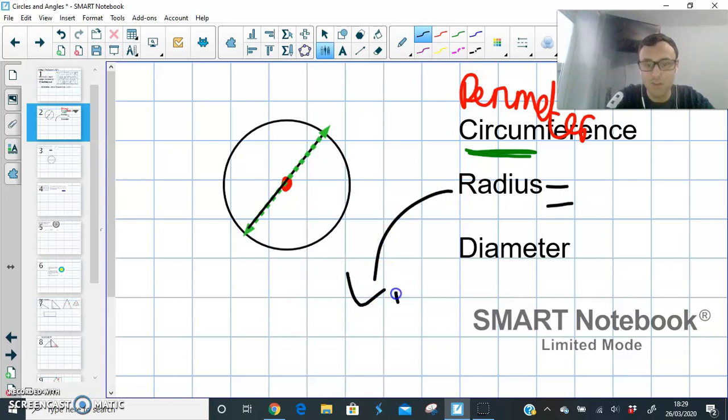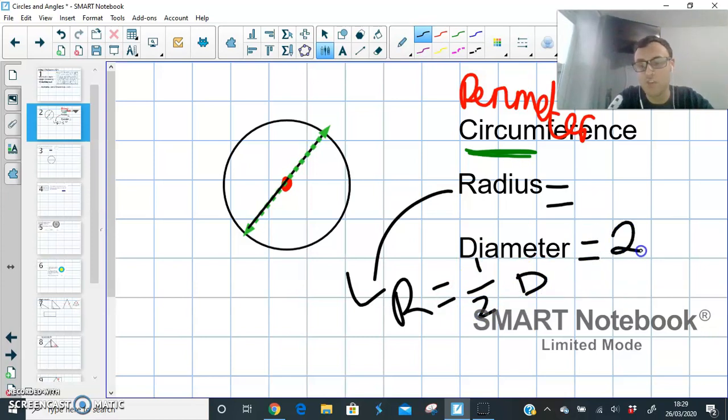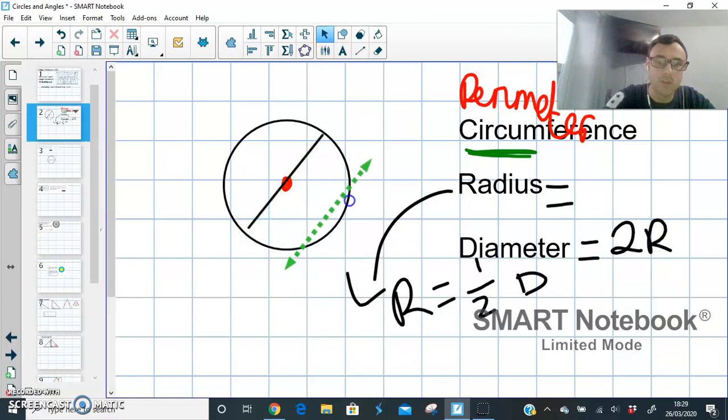So the radius is equal to half of the diameter, or in other words, the diameter is two lots of the radius. Okay, so diameter all the way through, and your radius is half of your diameter.